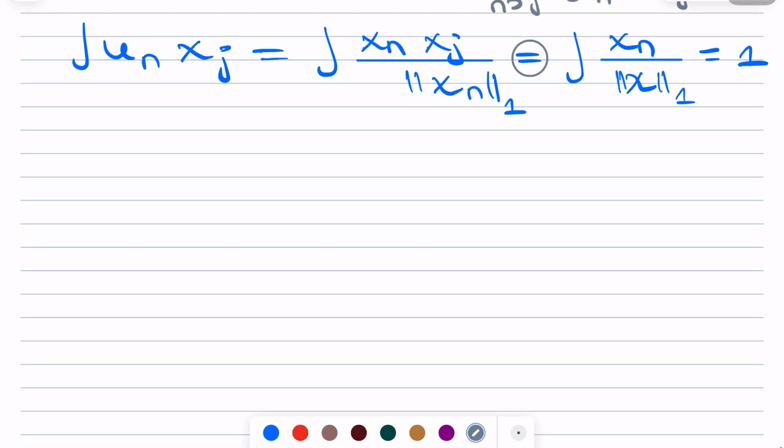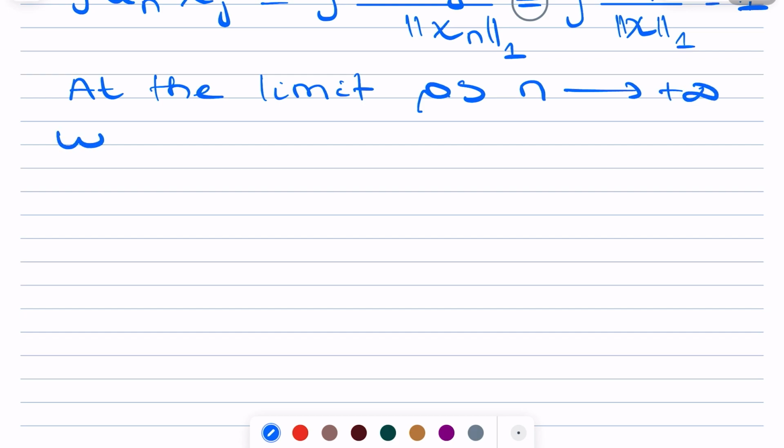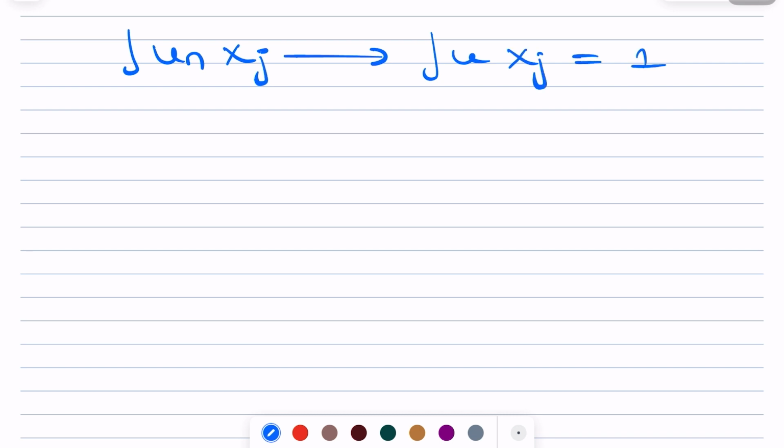So at the limit, as n goes to plus infinity, we obtain that the integral of U chi j is equal to 1 for every j.